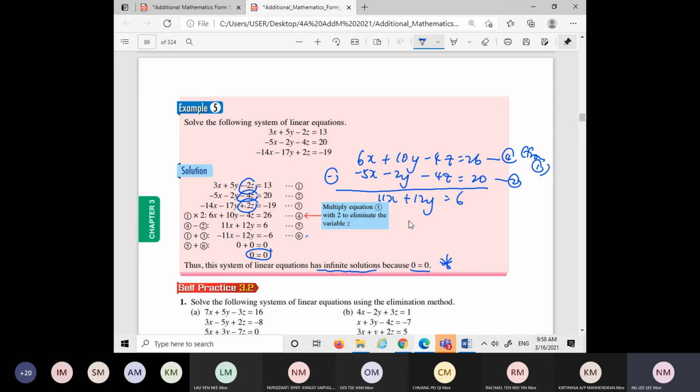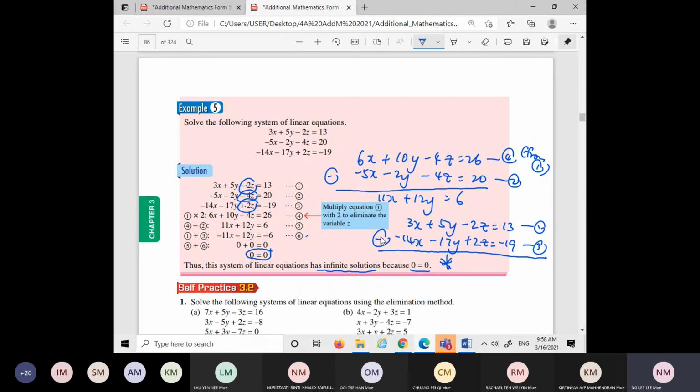So the first equation plus the third equation: 3x, 5y, minus 2z. This is the first equation, this is the third equation. You do minus.